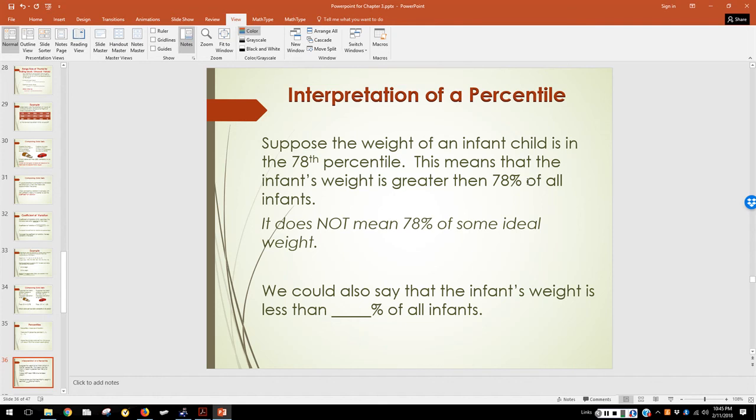So there are 78 infants that weigh less than that child and 22 infants that weigh more than that child out of 100 infants. You could also say that the infant's weight is less than 22% of all the other infants.